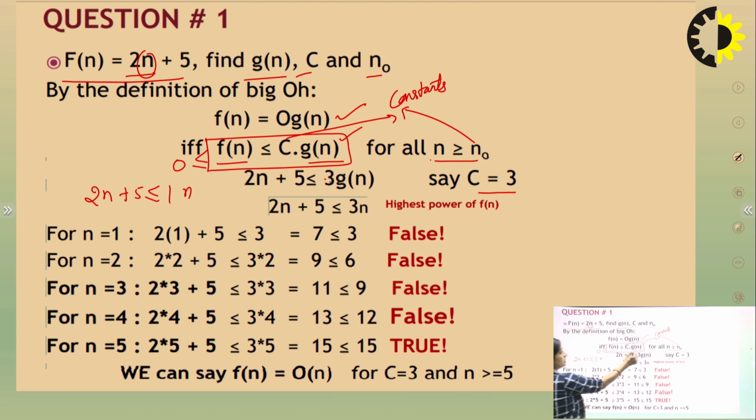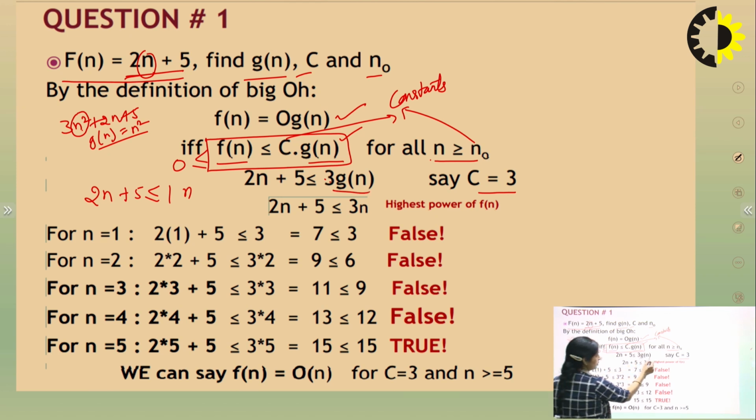It means g(n) is equal to n. Suppose the function is 3n square plus 2n plus 5. In that case, g(n) is equal to n square. Whatever the power of n, you have to take the highest power in f(n). The highest power in f(n) is n square, that's why g(n) is equal to n square. In this example, the highest power of n is 1, so I have written g(n) equal to n.